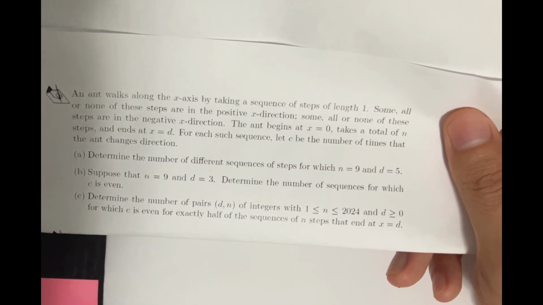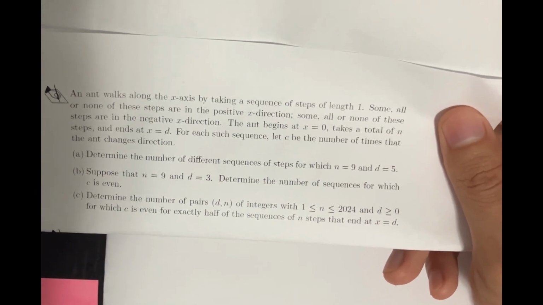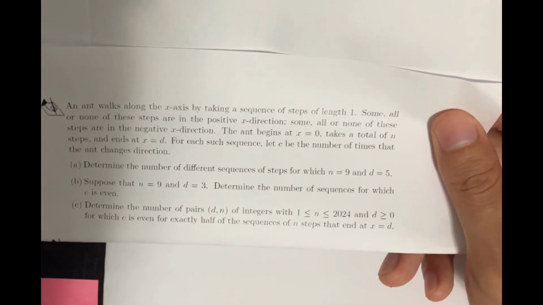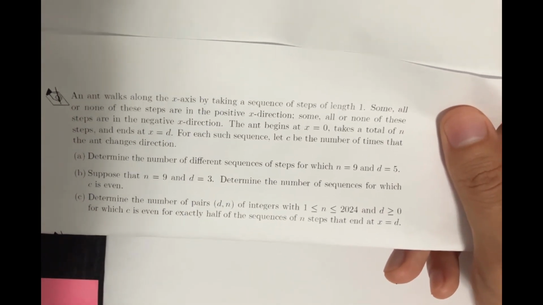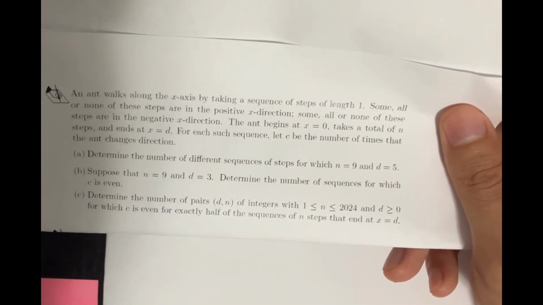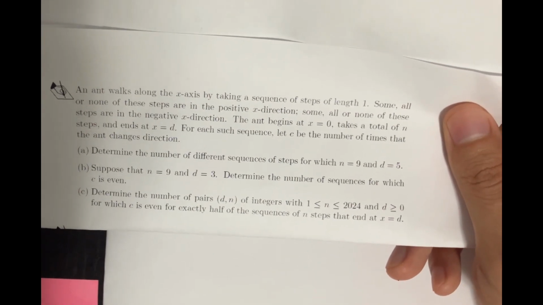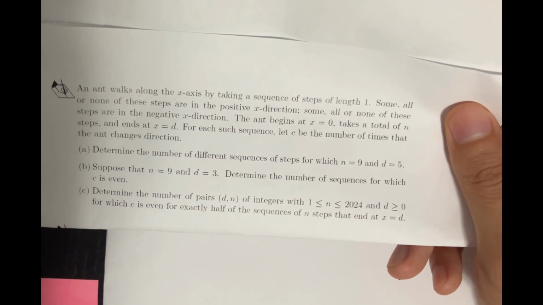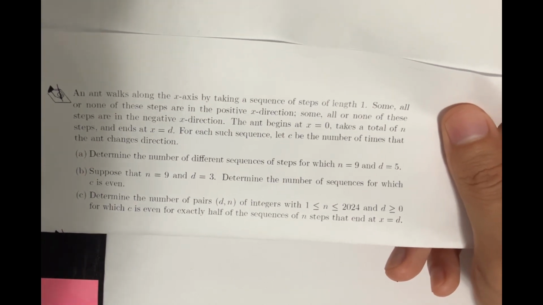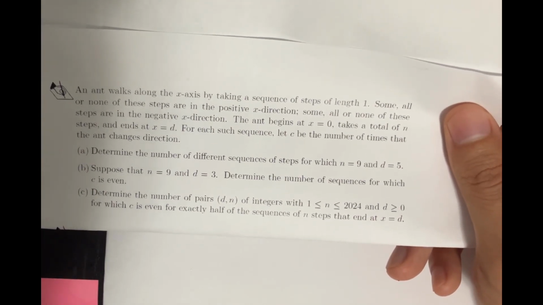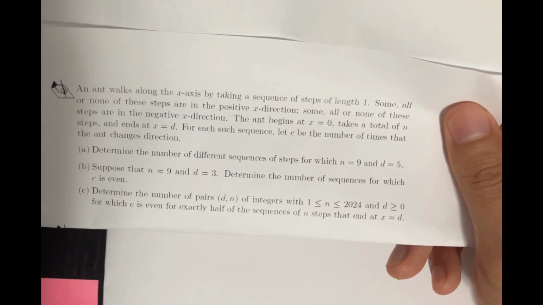You just need to end up at a given number. The ant begins at the origin x is 0, takes a total of n steps, and ends at x equals d. And for each sequence, let c be the number of times that the ant changes direction.